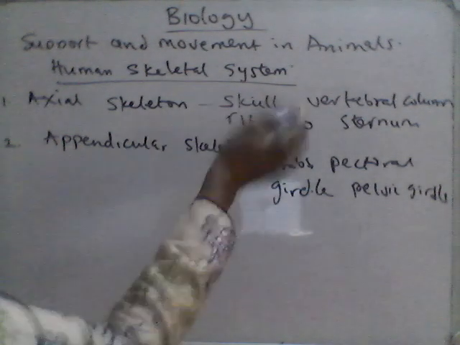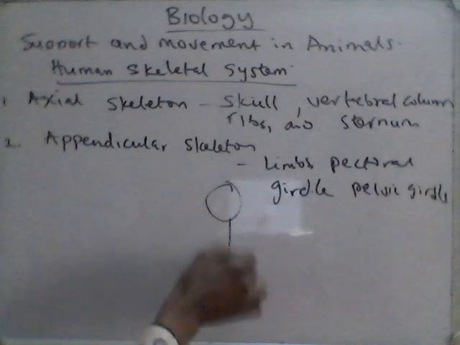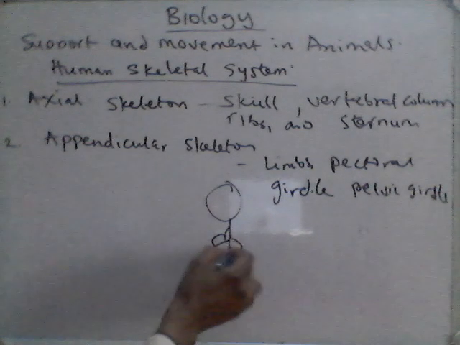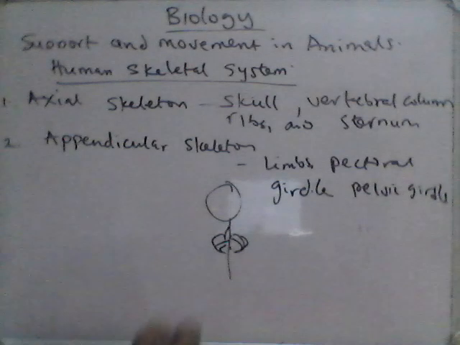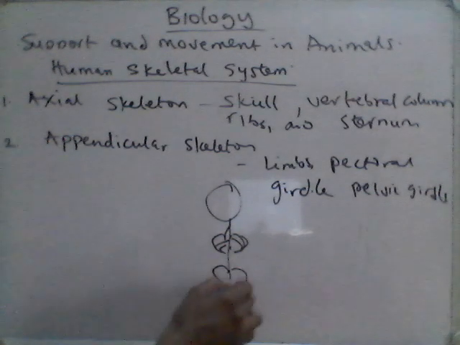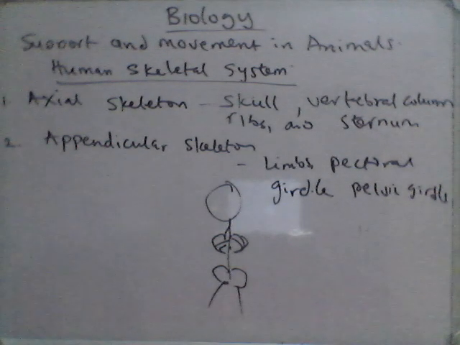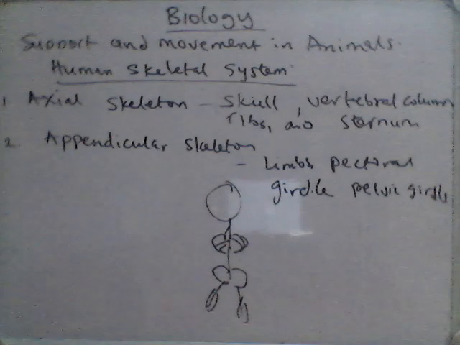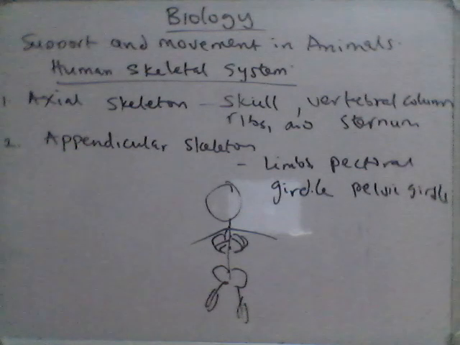You have the skull at the head, the vertebral column, the ribs, the sternum, and the limbs. I don't want to go into full detail, but just to show you that all this comes from the human skeletal system.